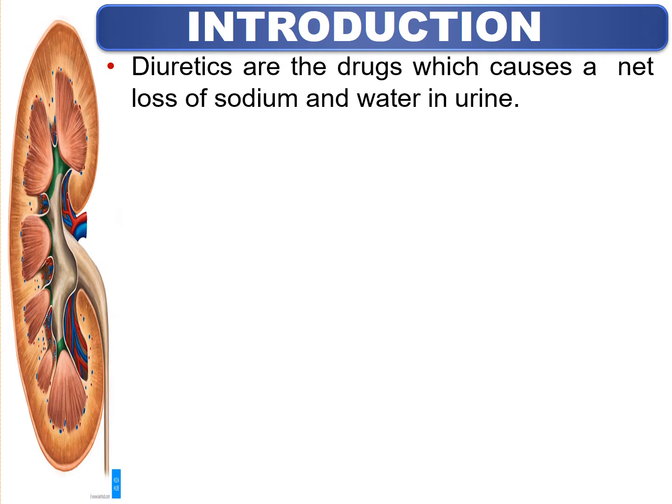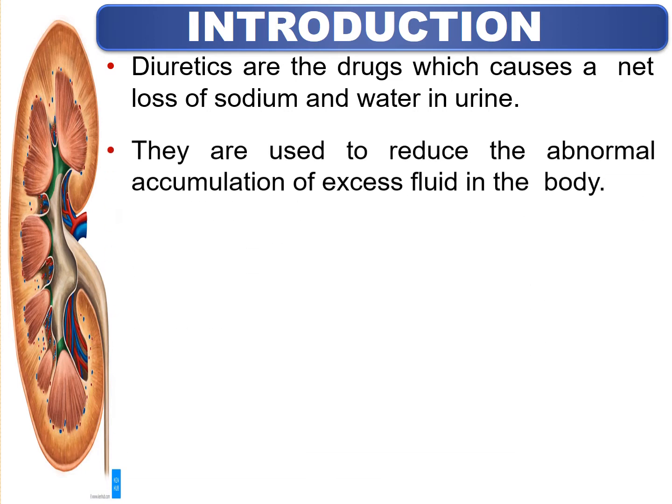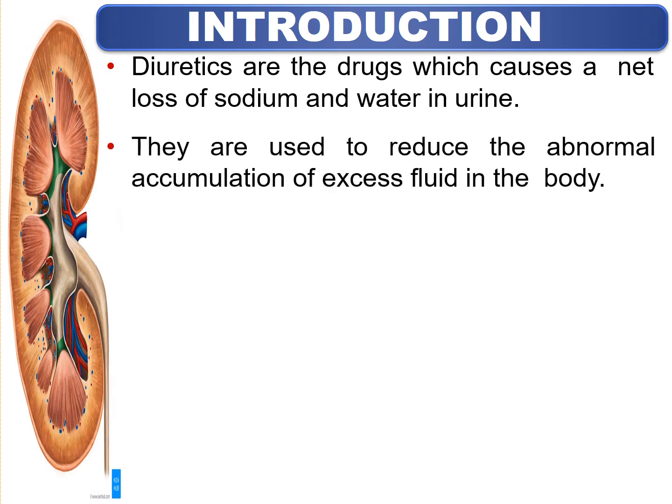However, the sodium balance is soon restored, even with the continuing diuretic action, by the compensatory homeostatic mechanisms of the body, allied with a certain degree of persisting sodium deficit and reduction in extracellular fluid volume. Further, they are used to reduce the abnormal accumulation of excess fluid in the body.